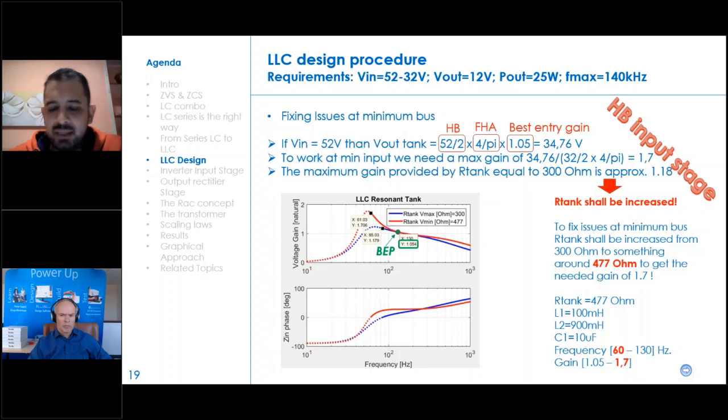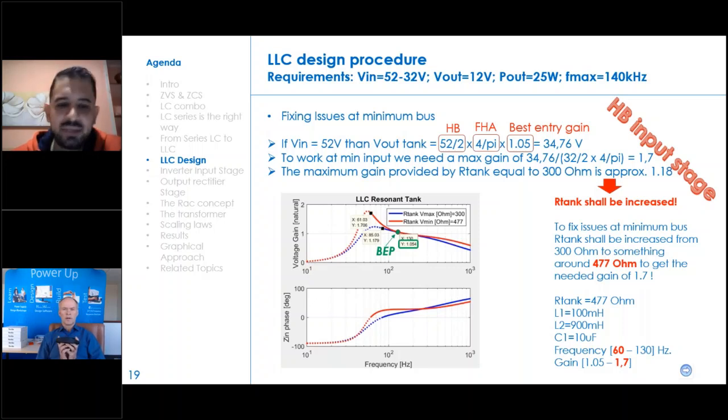1.05, I repeat, is identified as the best gain entry point at maximum bus, maximum load. If we reverse the criteria by locking the tank voltage to be something around, I see here, 35, and we run into our minimum bus condition, that is 32, we get that the required gain at minimum bus, simply by reversing the formula, should be something around 1.7.